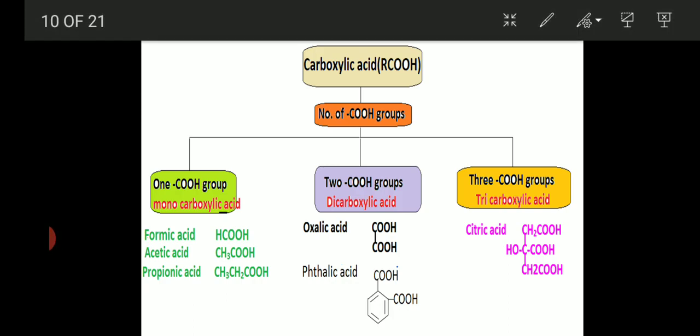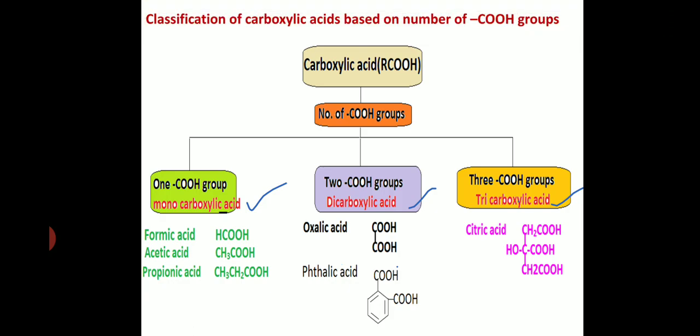They are classified into three categories: monocarboxylic acids, dicarboxylic acids and tricarboxylic acids. Monocarboxylic acids we will discuss in this chapter. Dicarboxylic acids come in the next chapter of this semester, and to remember all the dicarboxylic acid names, there is one shortcut. We will discuss that in the next slide.